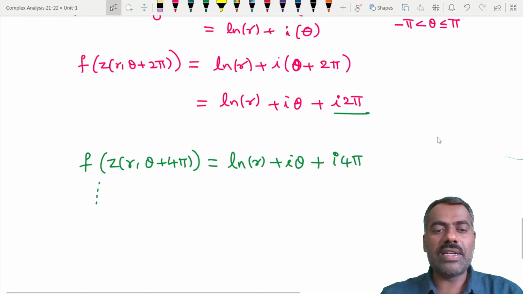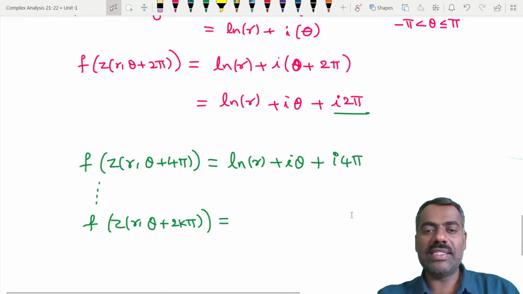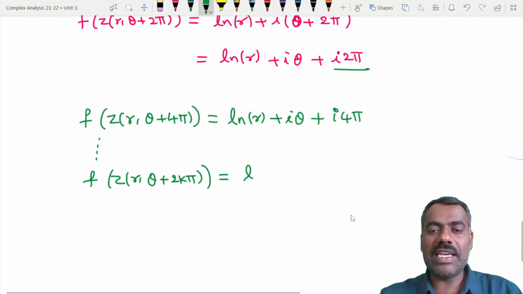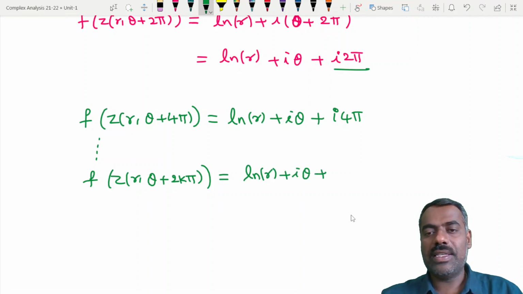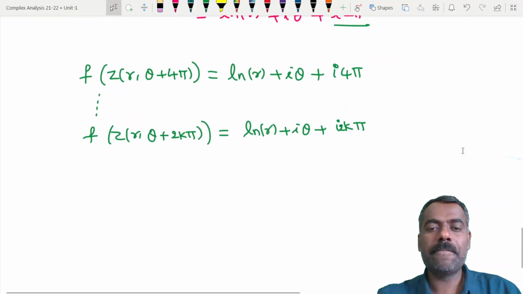So not only for this, if you take theta plus 2k pi, anything, that means 4 pi, then 6 pi and so on, what we'll get here is the natural logarithm of r plus i theta plus i 2k pi. Is this clear?